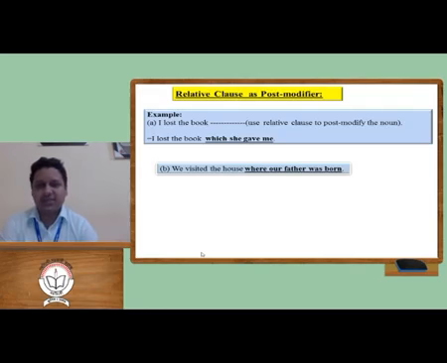Here which she gave me starts with which. Then the next one starts with the relative pronoun where. So dear students, you can easily understand from my examples what a relative clause is and how it is used as a post modifier.